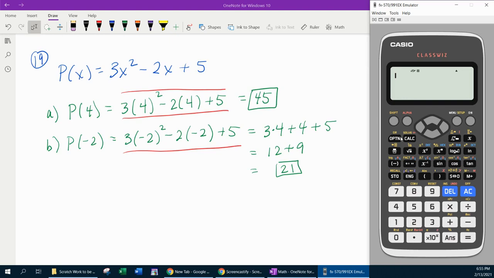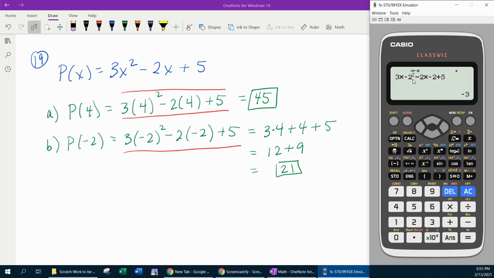Okay, so here we go with the calculator, again proving that you have to put the parentheses. Let's do it without: 3 times negative 2 squared minus 2 times negative 2 plus 5, and you'll see that we get a different result.